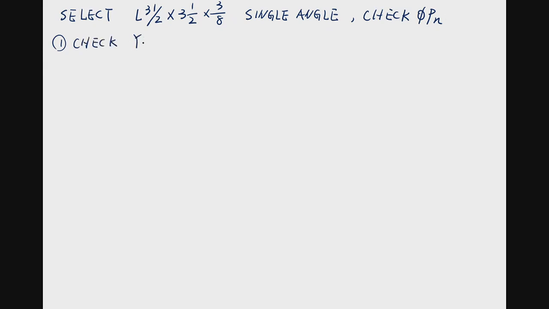Check yielding. So phi Pn based on yielding equals 0.9 times Fy times Ag. So that is equal to 0.9 times Fy, which is 50 ksi, times Ag.